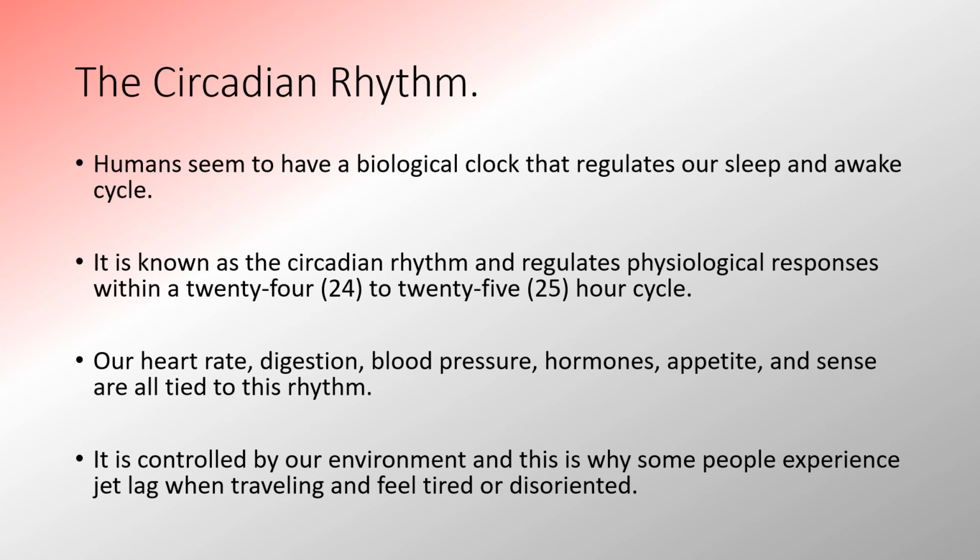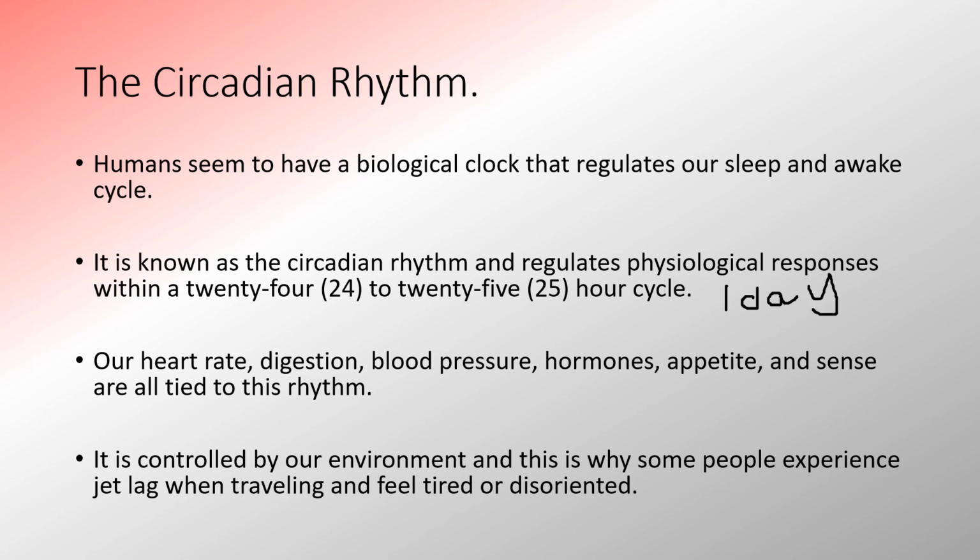Now, the circadian rhythm. We seem as humans to have a biological clock that regulates our sleep and awake cycle. This is known as circadian rhythm, and it regulates our physiological responses within a 24 to 25 hour cycle. So this is about one day, 24 hours in a day. I'm going to put that up here, one day.